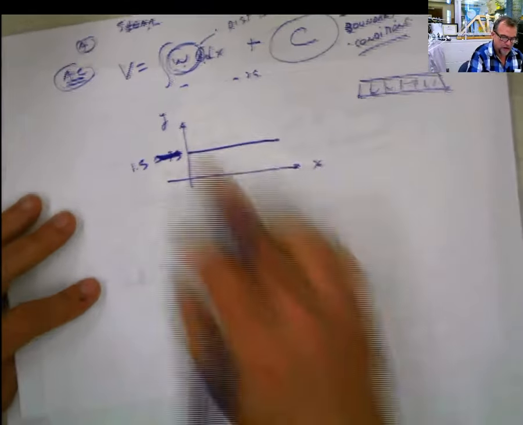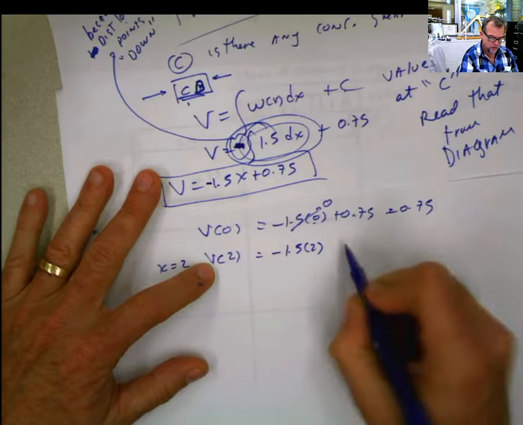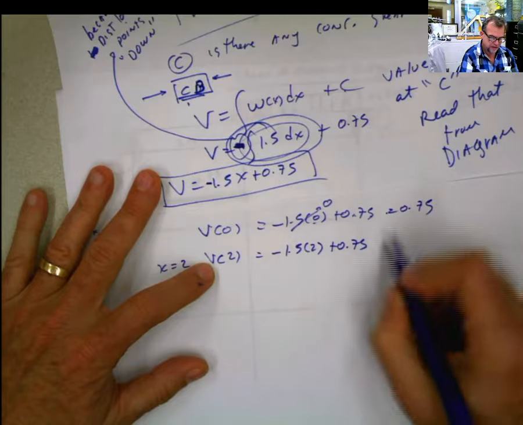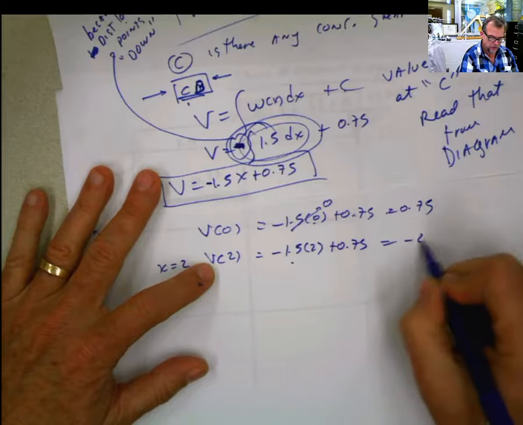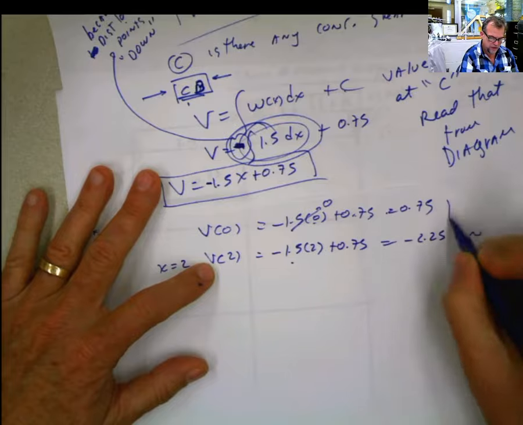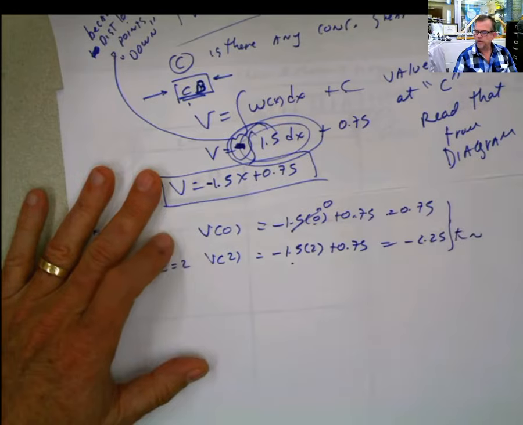And for x equals 2, V of 2 will be negative 1.5 times 2 plus 0.75. This is negative 2.25 kilonewton of force.